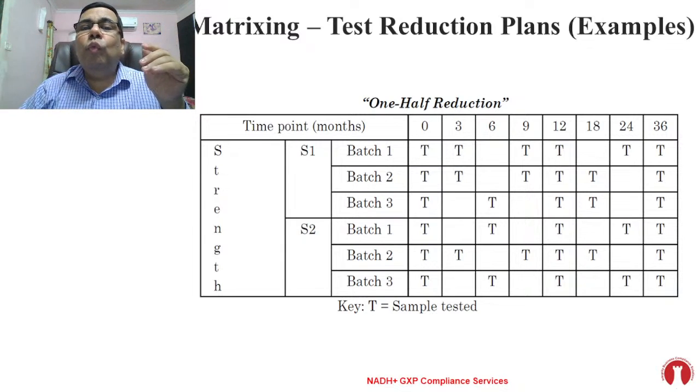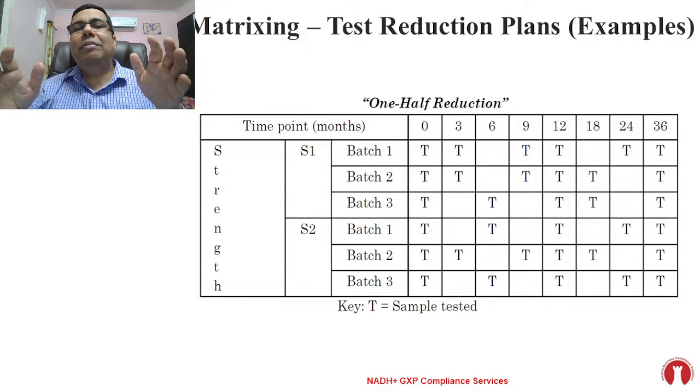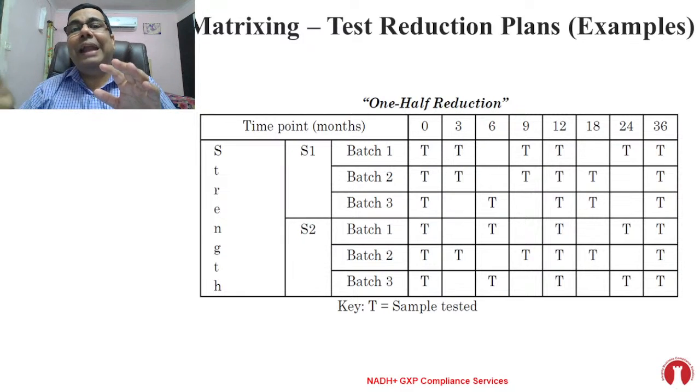But if you count the vacant places, you can see 1, 2, 3, 4, 5, 6, 7, 8, 9, 10, 11, 12, 13, 14, 15. 15 testings are reduced. That is the reason out of 30 tests, 15 tests or 15 samples are reduced for testing. That is the reason this matrixing test reduction plan is called the 1/2 reduction plan.